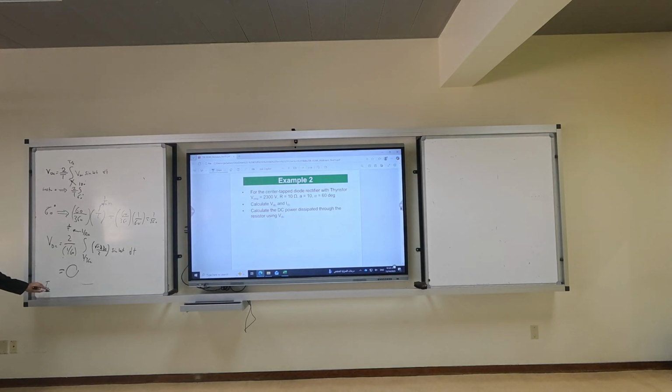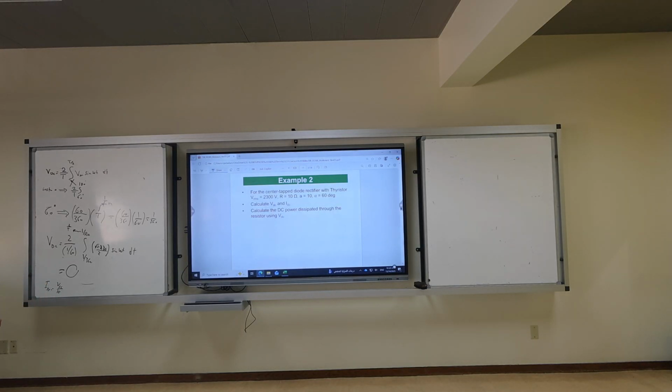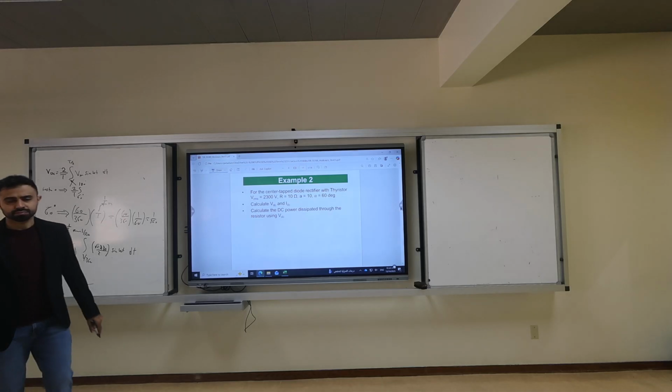IDC is VDC over R, or 10. A student notes that the factor should be 2 over T, with T equal to 1 over 60, and the upper limit should be T over 2. Yeah, you're right.